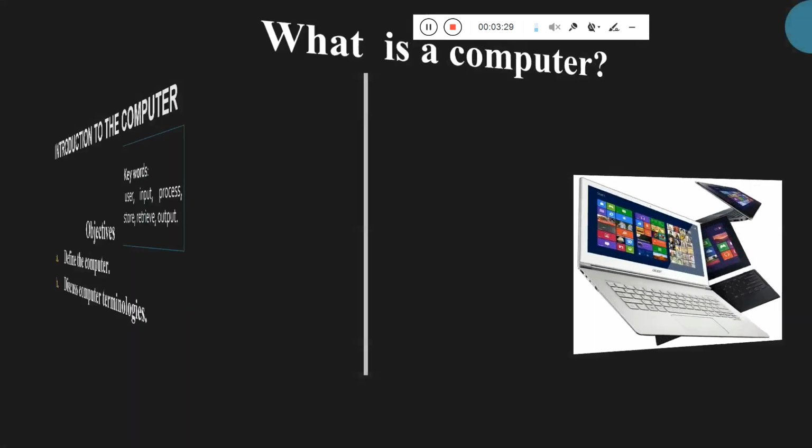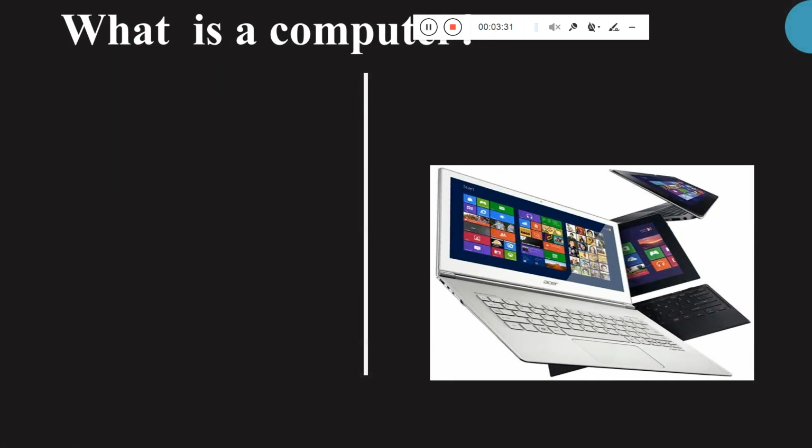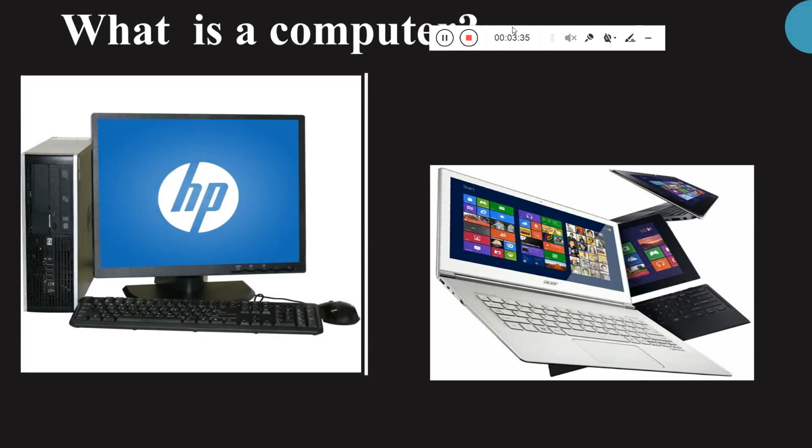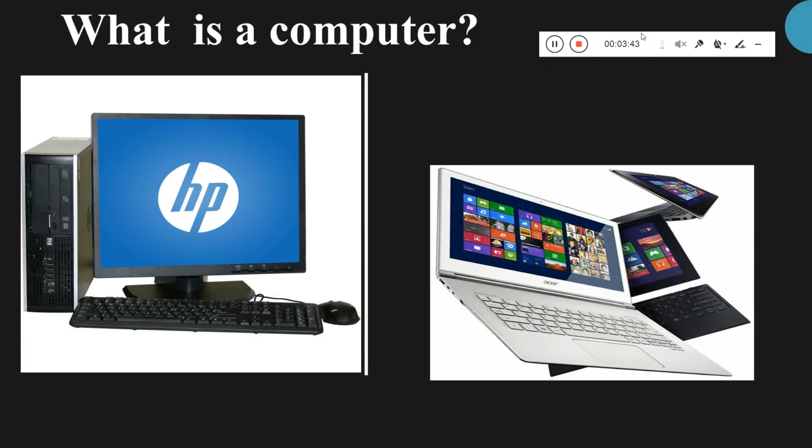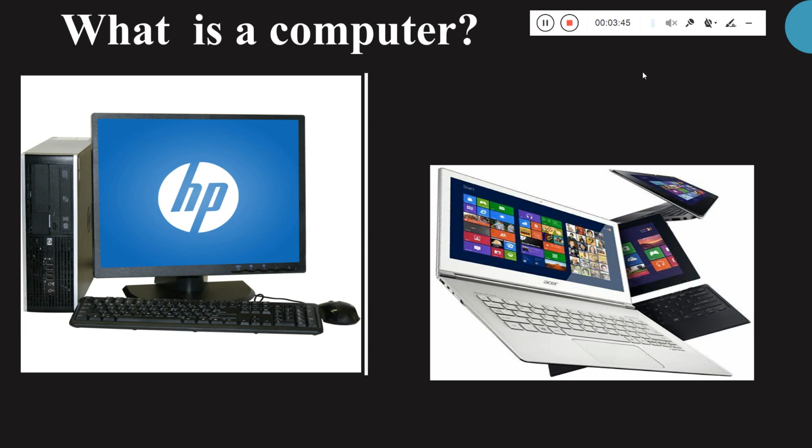Now, the very first question that we should be able to answer as one of our objectives is understanding what a computer is. In case you are asked what a computer is, what you are seeing before you is a computer.